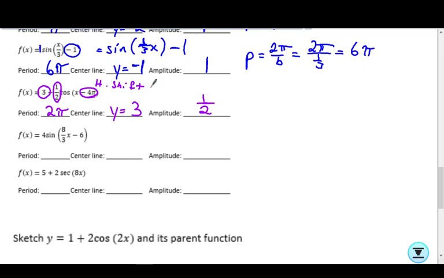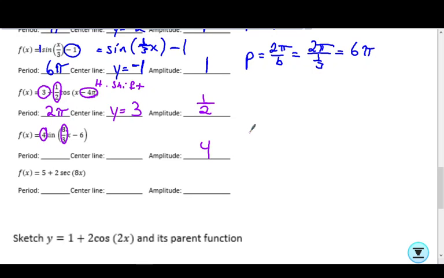All right. So this 4 in front of the sine, that is my amplitude. So my amplitude here is 4. It's been vertically stretched by a factor of 4. This 8/3, that's my change in period. That's my horizontal stretch or compression.